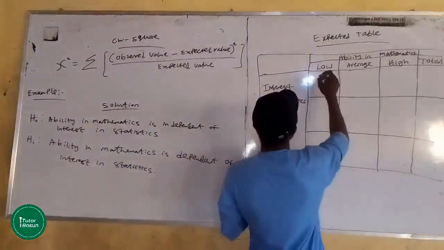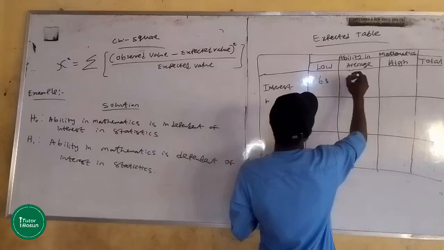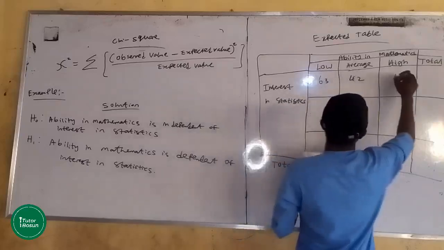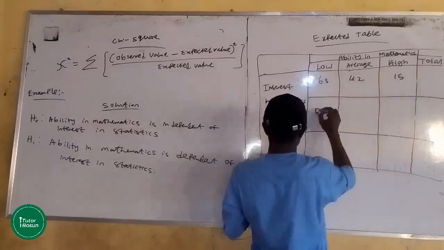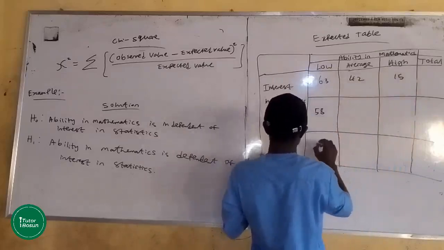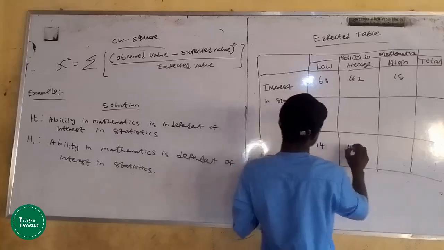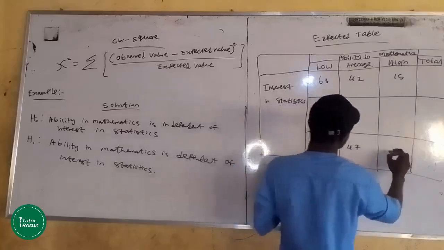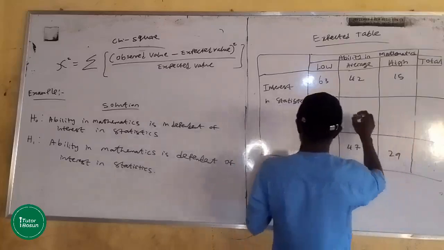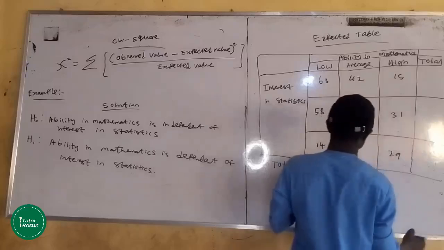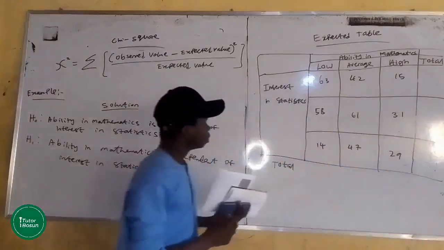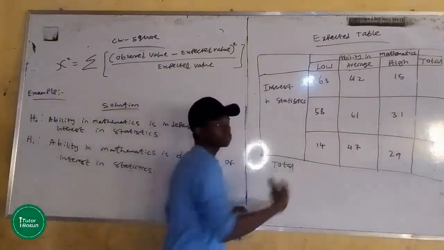This here we have 53, 42, 15, 58, 14, 47, 29, 61, 31, 31. So we can now easily derive our totals.